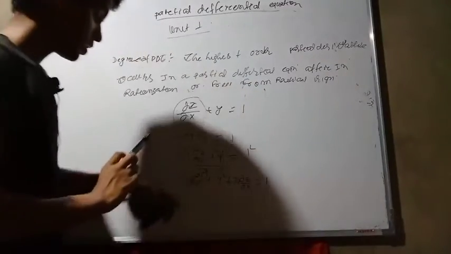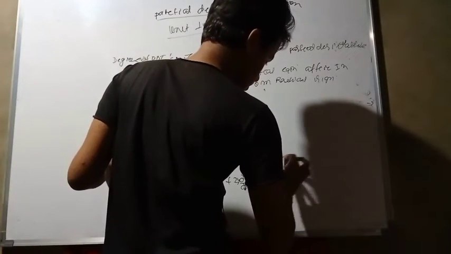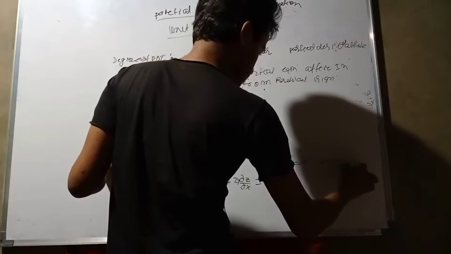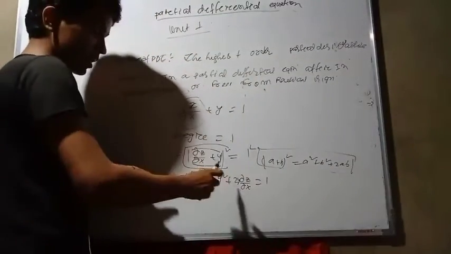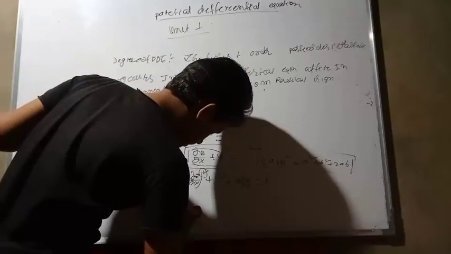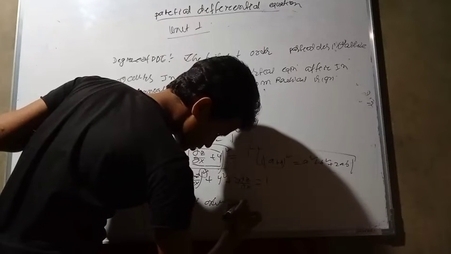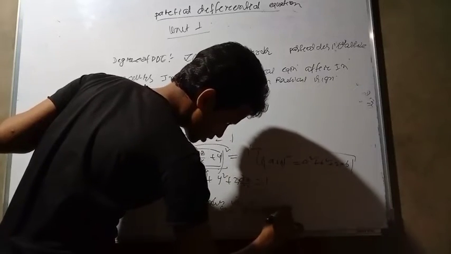By using the (a + b)² formula, we write a² + b² + 2ab. After expanding the differential equation, we see that the highest power is 2, so the degree equals 2.